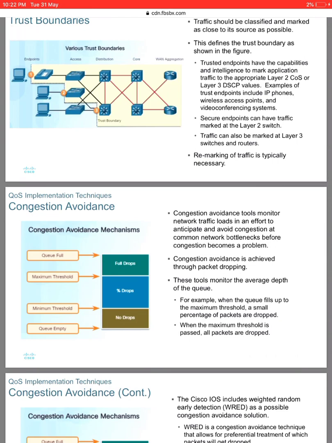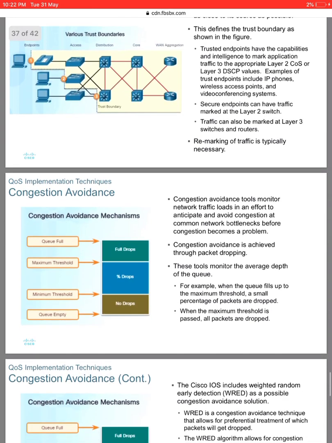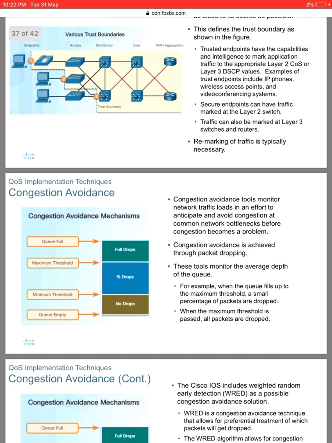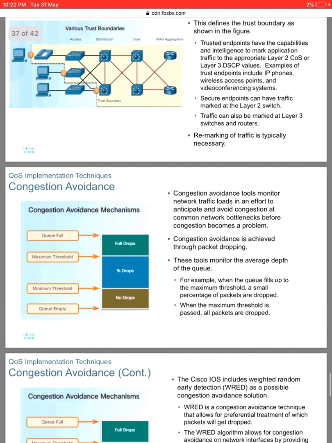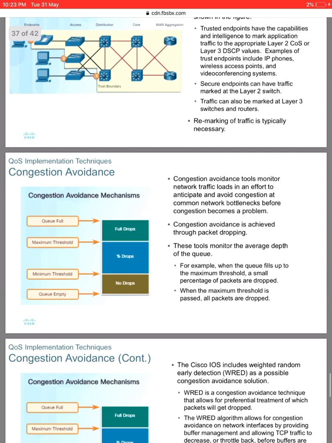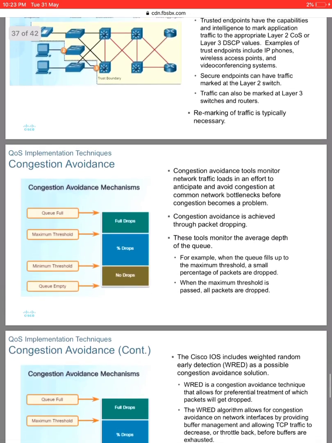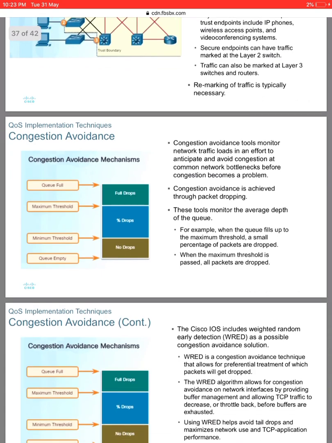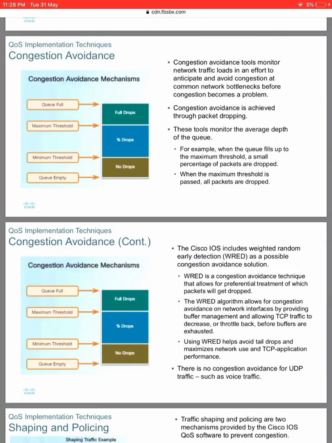Re-marking of traffic is typically necessary for the various trust endpoint classes at the distribution or core layer, or aggregation. So the first computer has many more connections than the third computer.